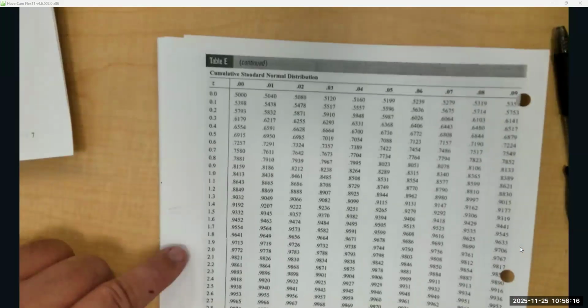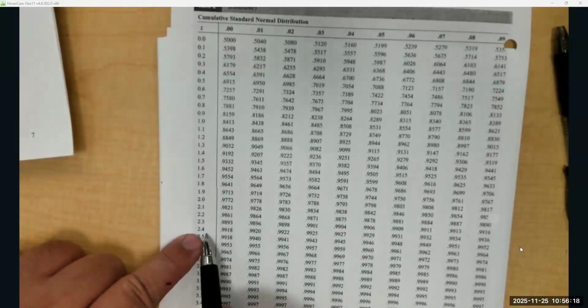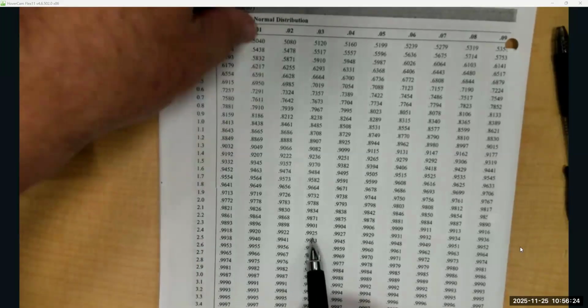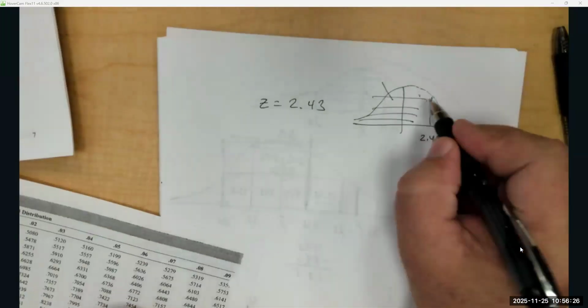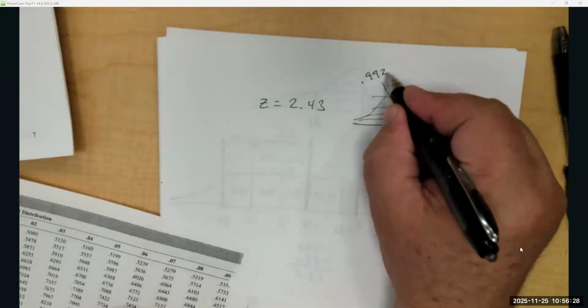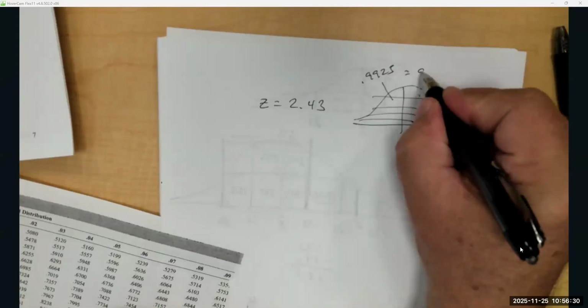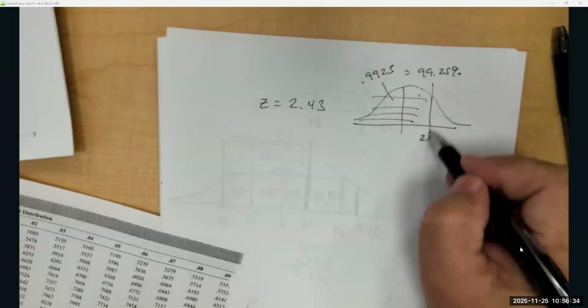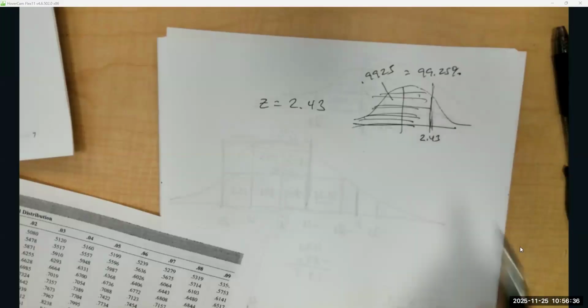I go to 2.4 and then over to 0, 1, 2, 3. It's 0.9925. So this area here is 0.9925, or 99.25% of my data falls to the left of that z-score.